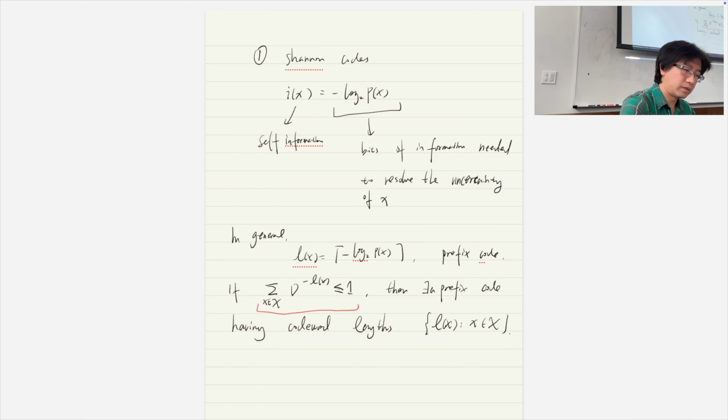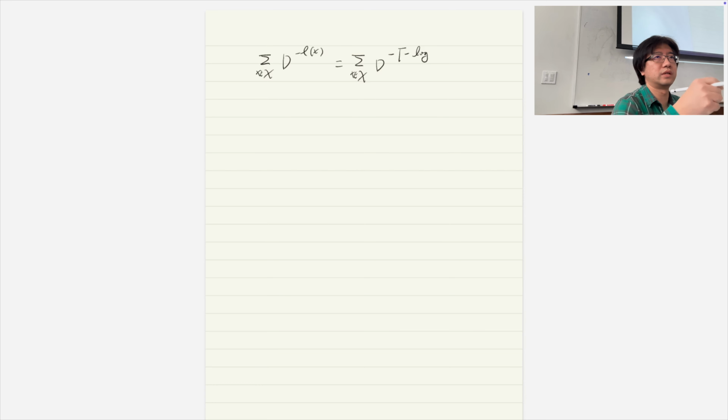Now let's double check it. For the Kraft inequality, we just need to plug the length in, so that's D to the minus the ceiling of log base D of 1 over P(x). Because we're using a D-ary code, in the log we take base D. Now we want to get rid of this ceiling.